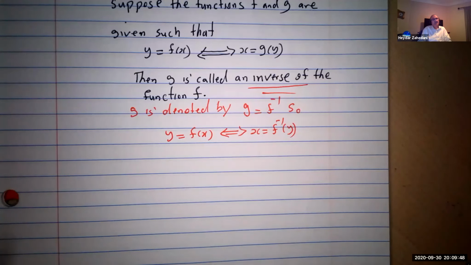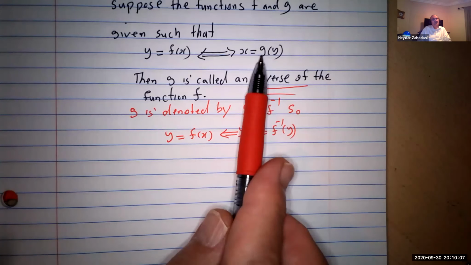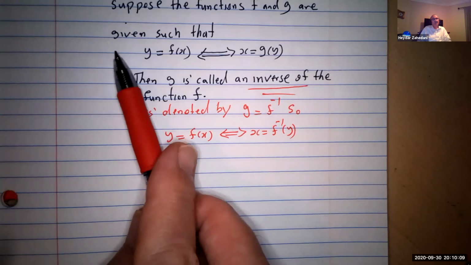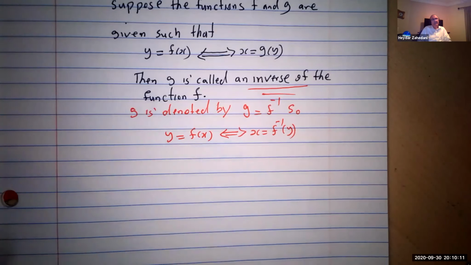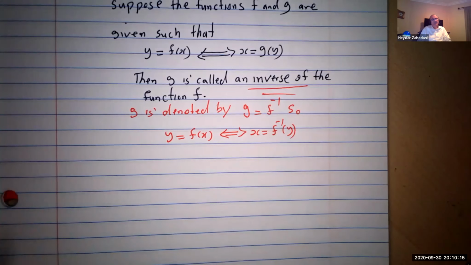So your job is to find it. We give you a function, you switch it. This is y equal to f of x, as we talked about for the relation. Switch means if you can solve for x and you get a new function, that new function is the inverse of the original one. We denote it by f inverse. It's not the power, it's just the inverse of the function.